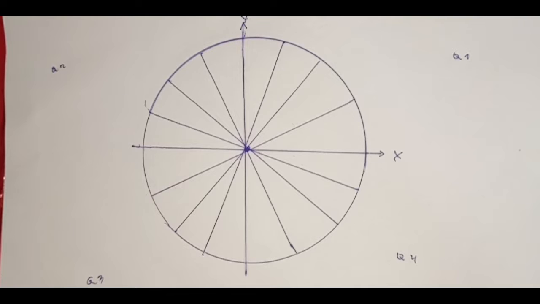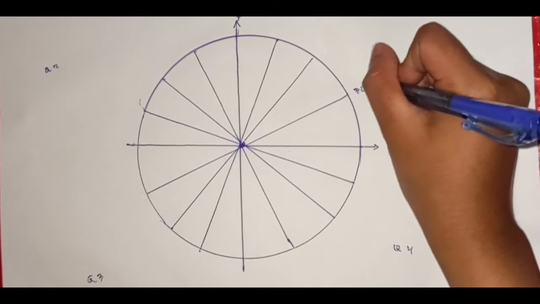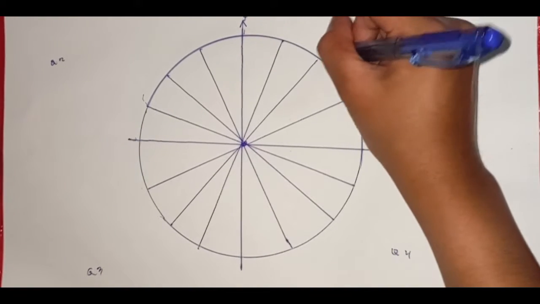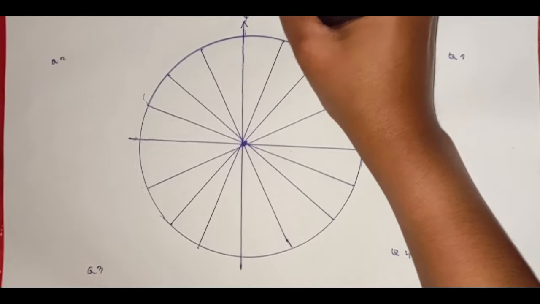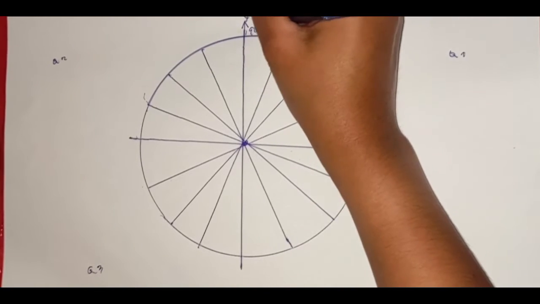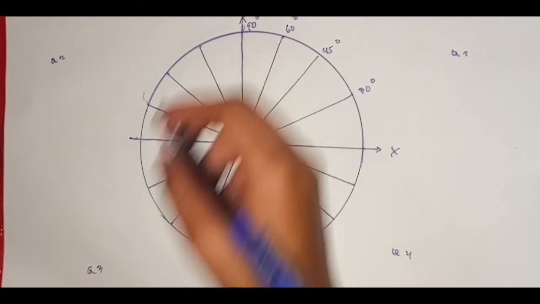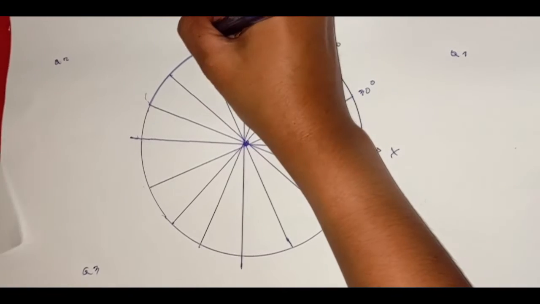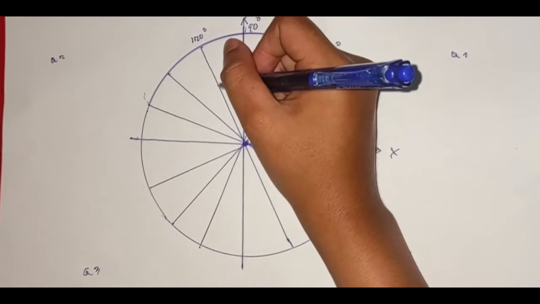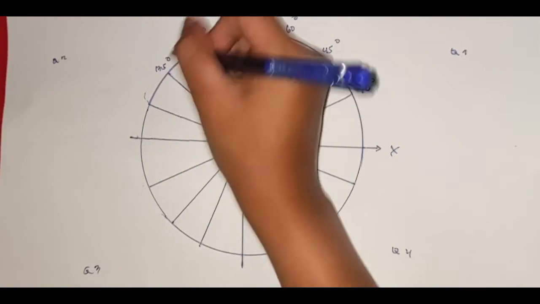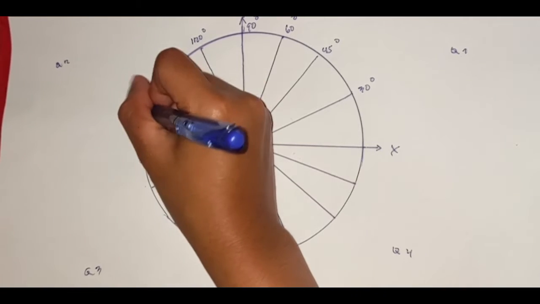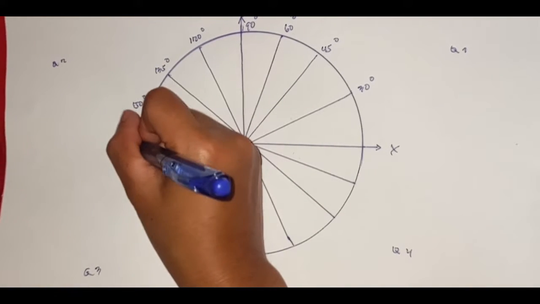So in quadrant 1, we have 30 degrees, 45 degrees, 60 degrees, and 90 degrees. In quadrant 2, we have 120 degrees, 135 degrees, 150 degrees, and 180 degrees.